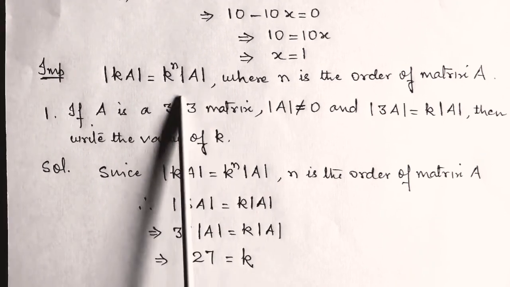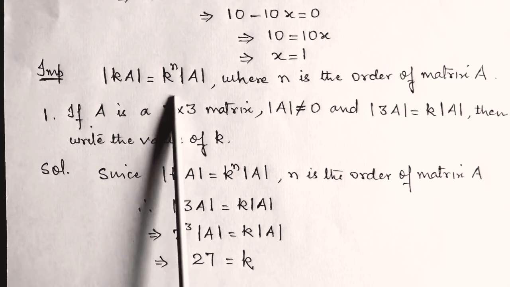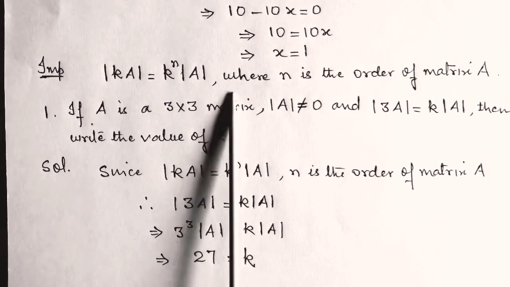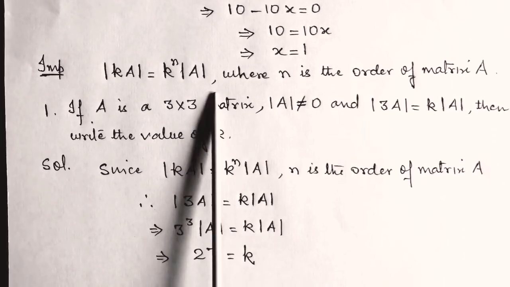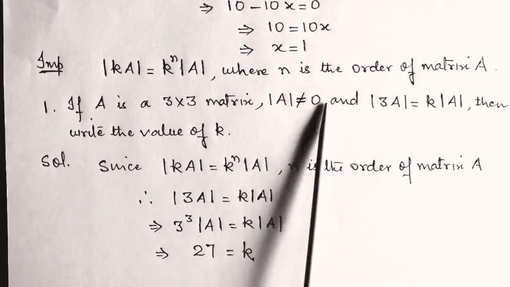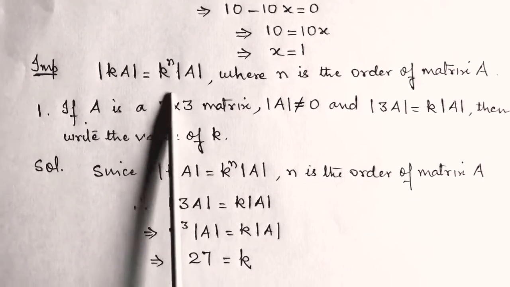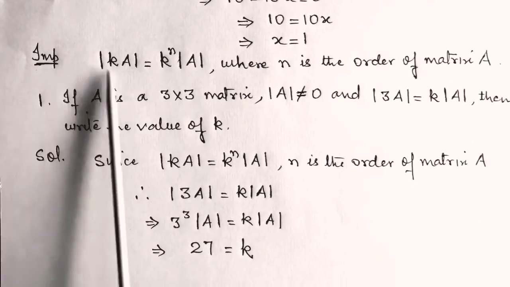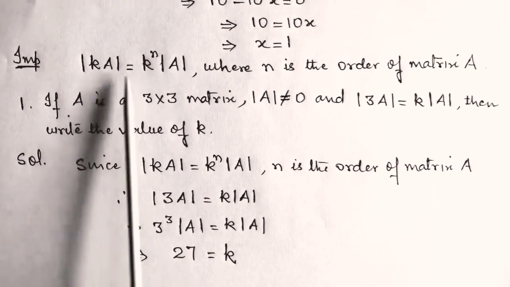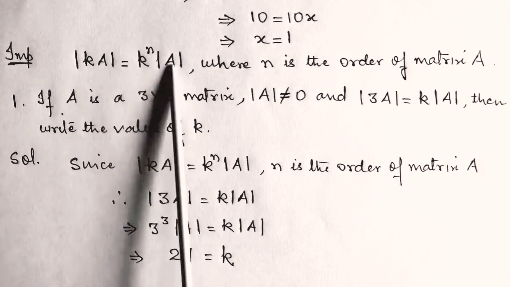But here in determinants this is not true. Here we'll multiply by that number to any one row or column only. In other words, from either of the rows or columns separately we can take common numbers out, right? So that means the determinant of Ka will be equal to K raised to power n into the determinant of A, where n is the order of the matrix.